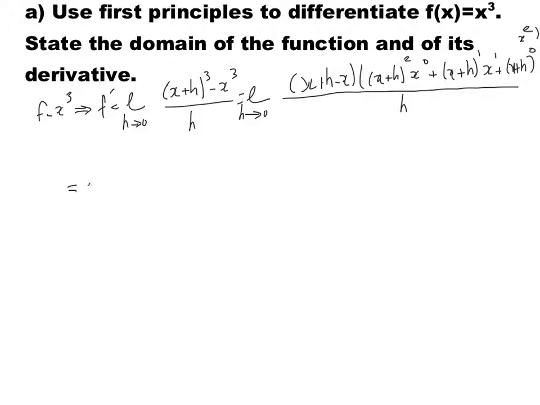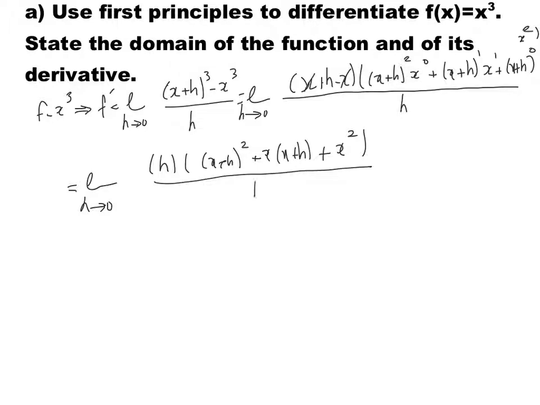If I simplify this one, I get the limit as h goes to 0 of x minus x becomes 0, so I get h here times, x exponent 0 is 1, so I get x plus h squared plus x times x plus h plus x squared, because x plus h exponent 0 is 1, divided by h.